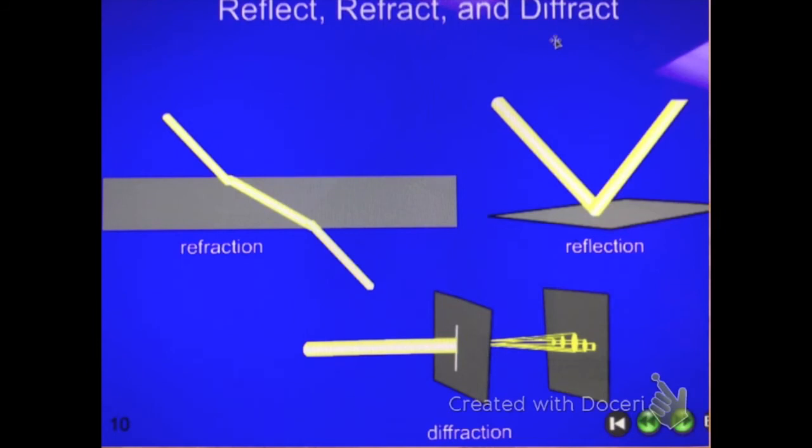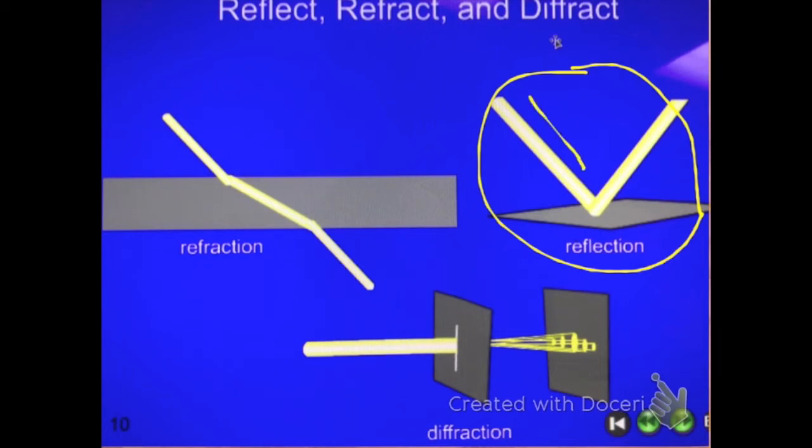Now, to put all these three things together, here is a summary for you. So you have reflection over here. Now remember, reflection is when it comes in and then it bounces off. Refraction is when the wave speed changes.